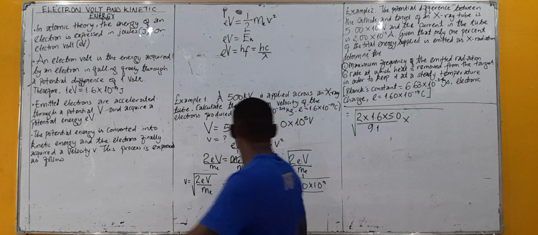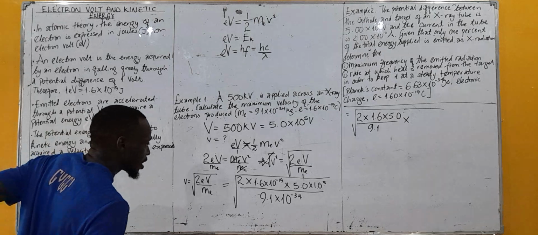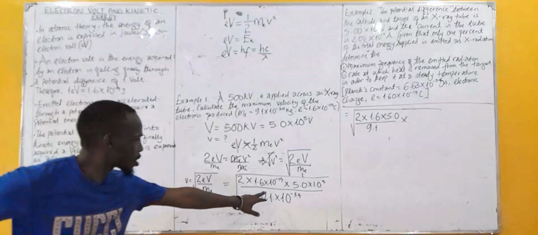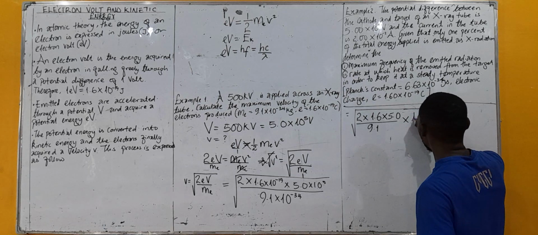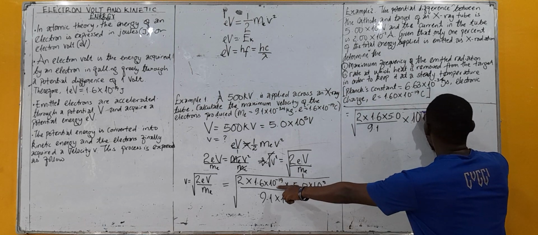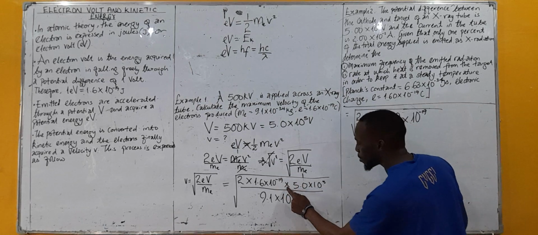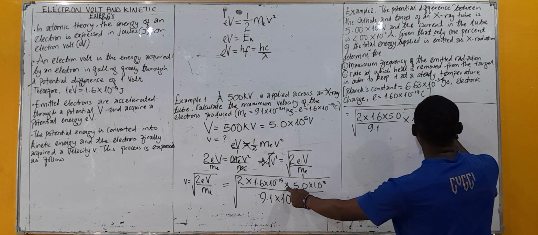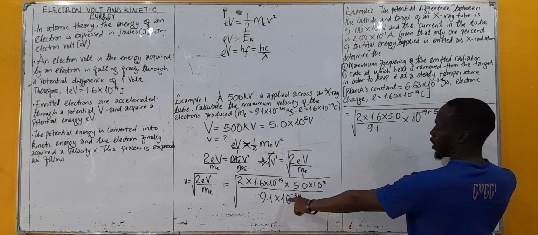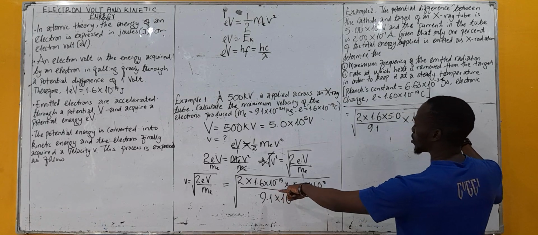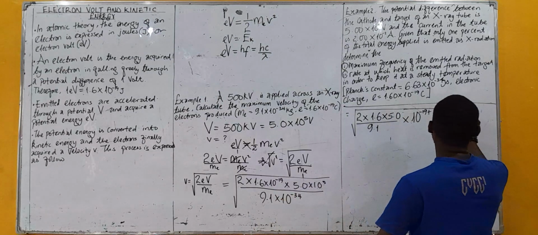Times, now everything that is 10, I'm going to treat them. Everything that is 10 now is 10 to the power of minus 19. And remember that multiplication means addition, plus 5. Now division means subtraction.